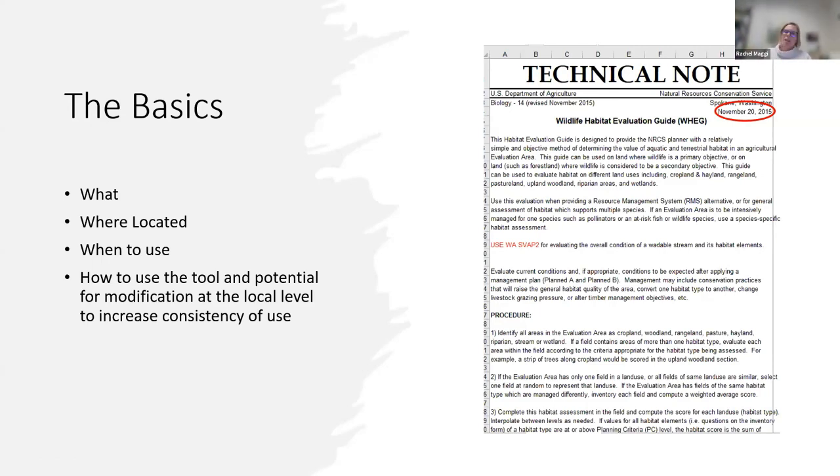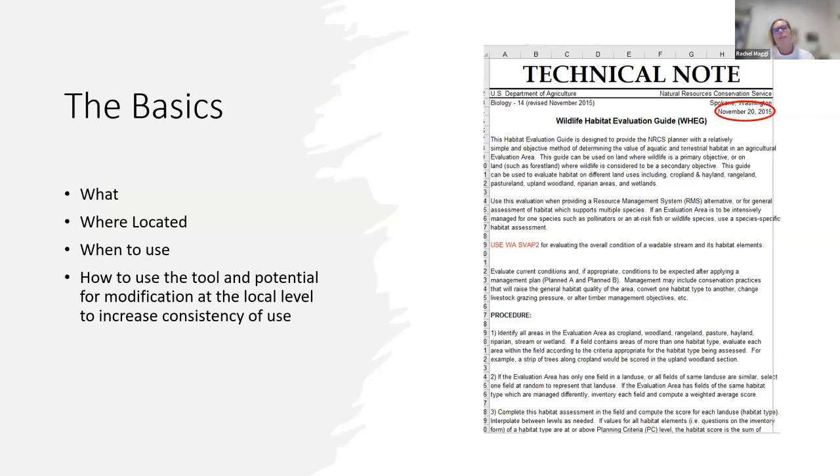A lot can happen in 5 years between the first benchmark evaluation to that next critical check-in point. And I think that definitely some tweaking and brainstorming will be needed at the local level to make this tool your own. So on the right, you see a screenshot of what this looks like.